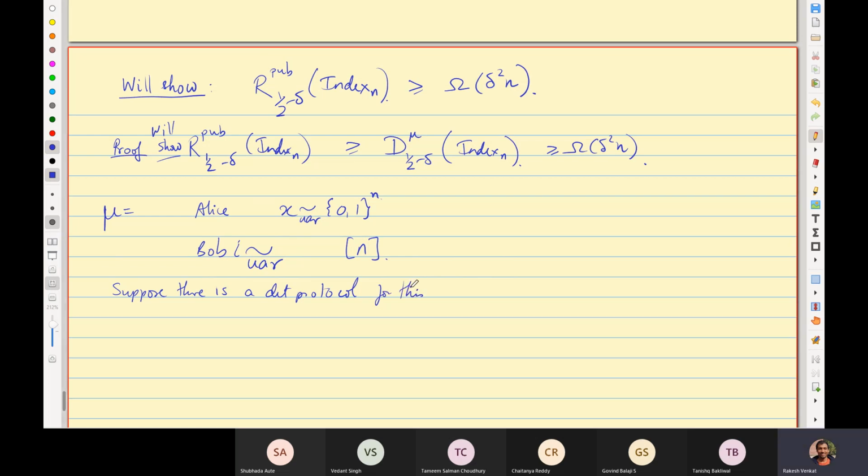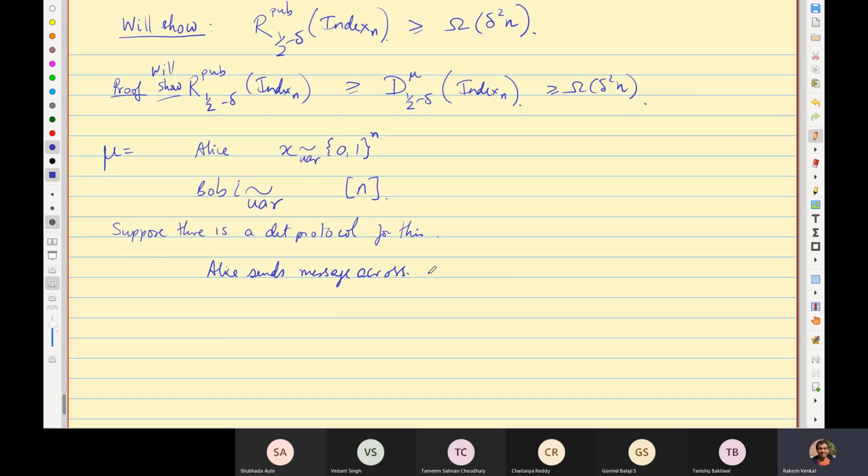And so that means Alice looks at a string and sends a single message across. Of course, this message might depend upon what X she gets. So I'm going to denote the message as pi, or protocol or transcript.